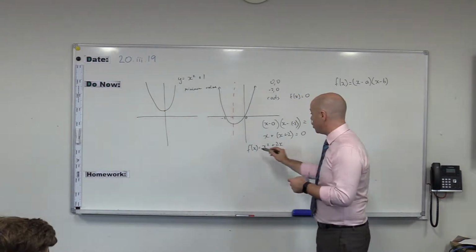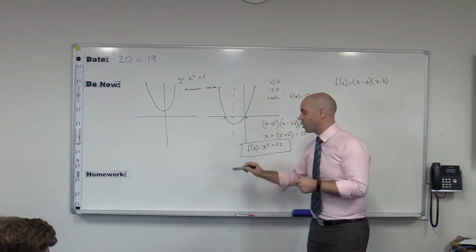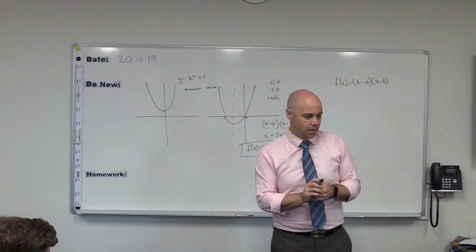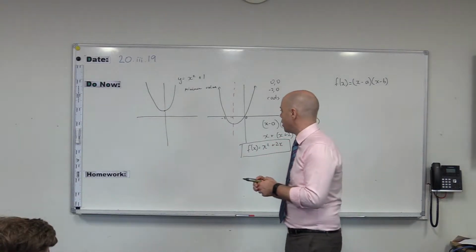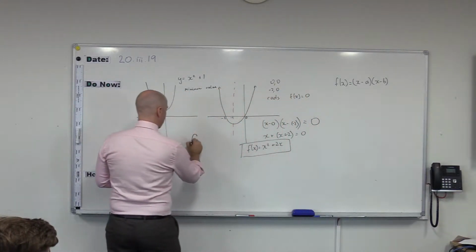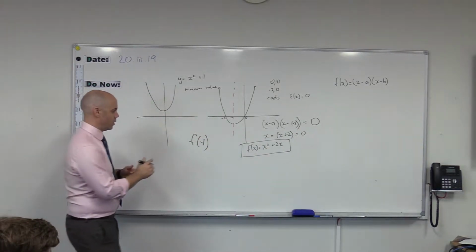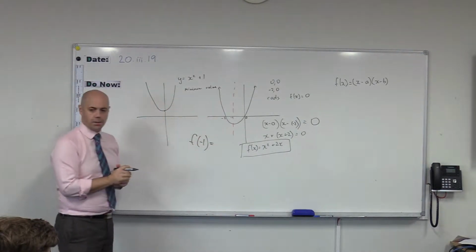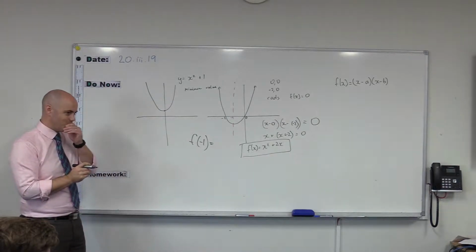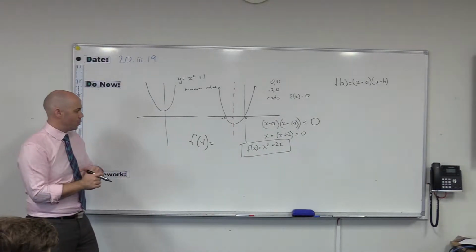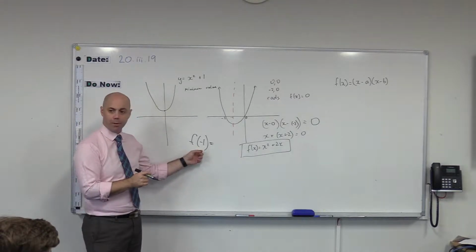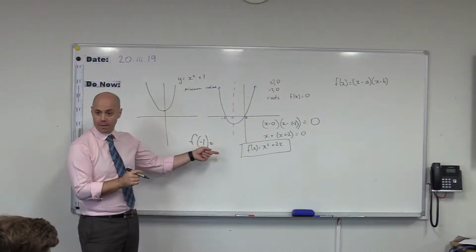But now, using my function equation, I can say, well, if x equals -1, what is the function at -1? We did this a couple of weeks ago, maybe even last week. What does that mean? I can put -1 wherever x is.